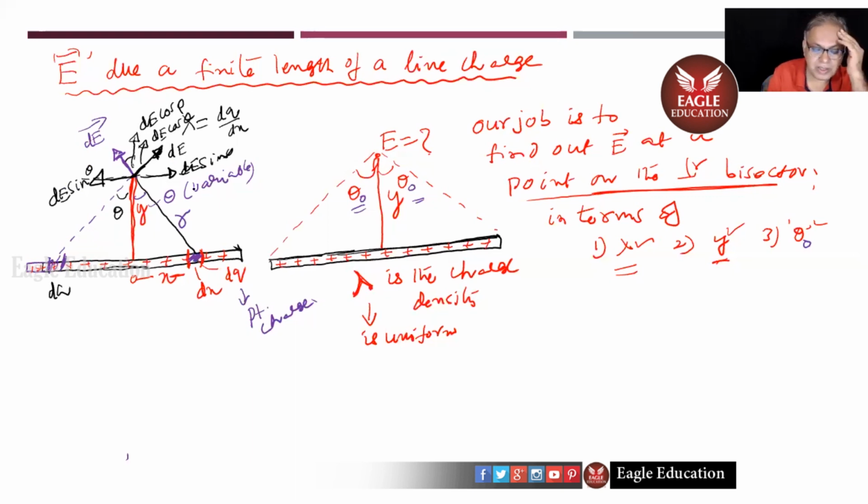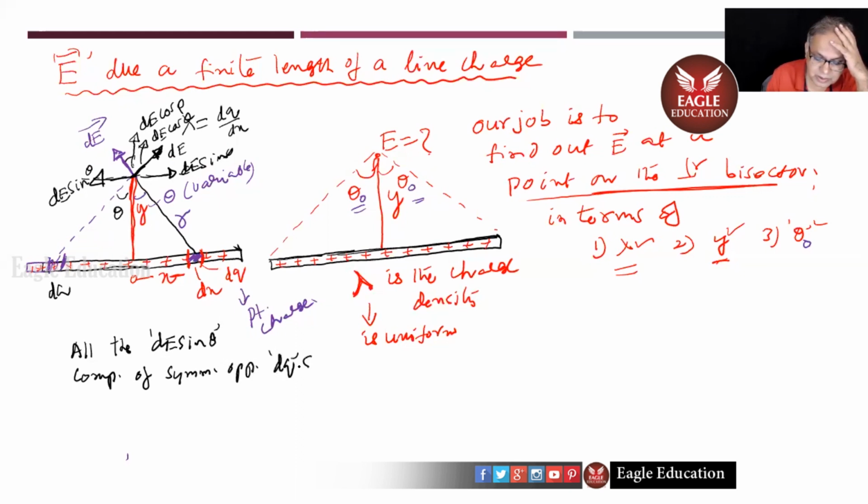So all the opposite dE sin theta components of symmetrically opposite dqs will cancel out, and all the dE cos theta add up.